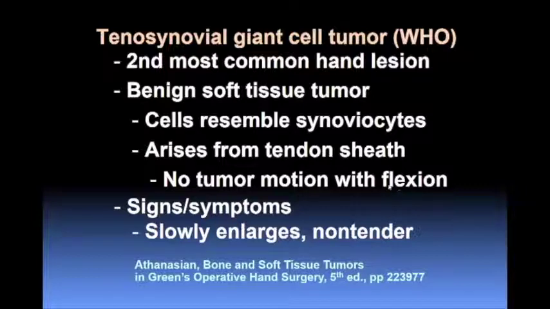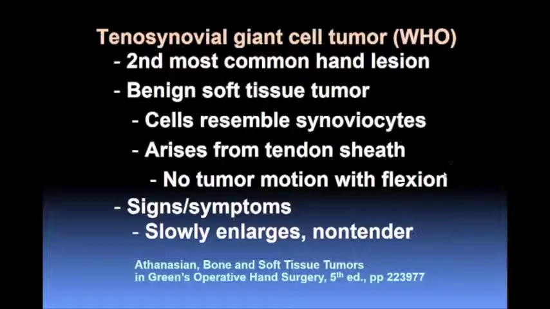One is a giant cell tumor. The name was changed by the World Health Organization, which seems to change names of lots of different things along the way, but they are now referred to as a tenosynovial giant cell tumor. And they're the second most common hand lesion, and they're benign. The cells resemble synoviocytes, and they arise from the tendon sheath itself.